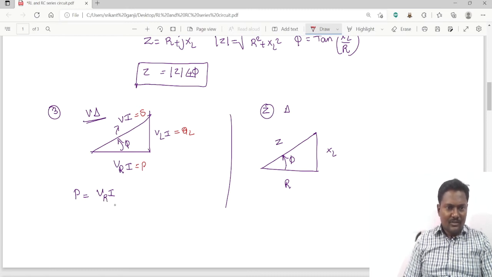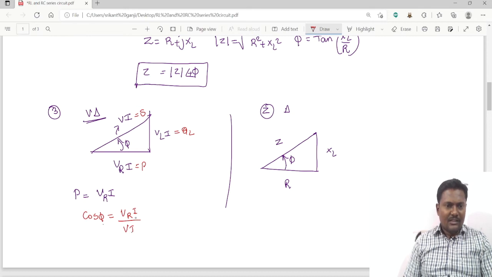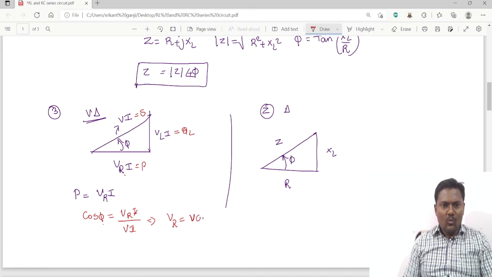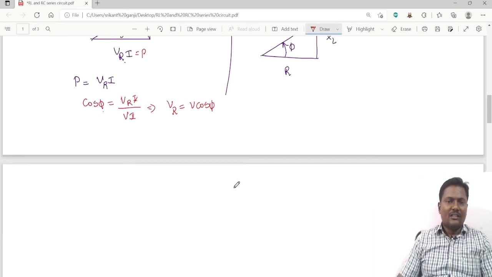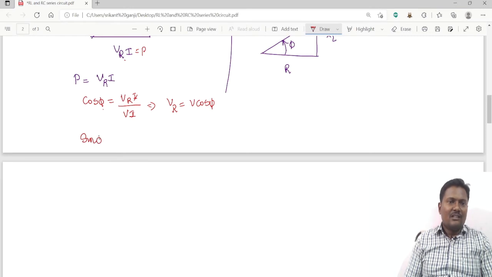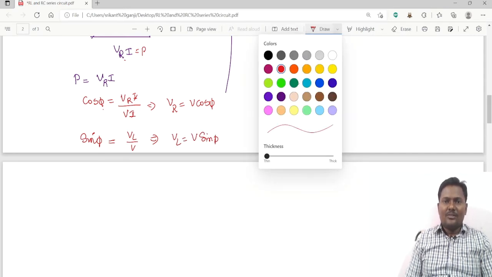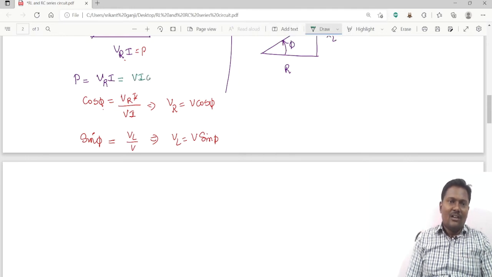So cos phi is equal to the base component VR divided by V, so VR into I divided by VI, and from this we can write VR as V cos phi. It is a horizontal component, and sin phi is equal to VL divided by V, and VL is equal to V sin phi. Substituting here, we get VI cos phi.